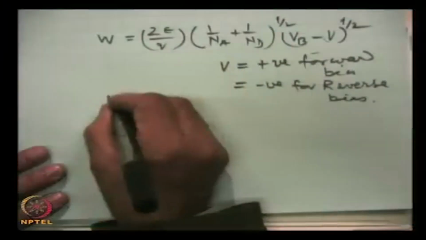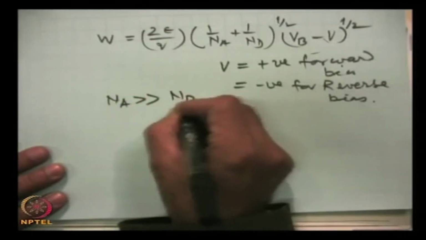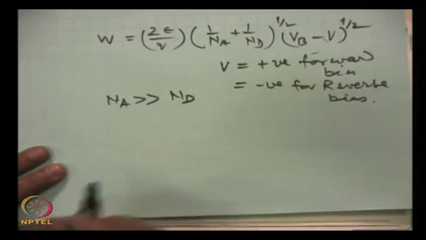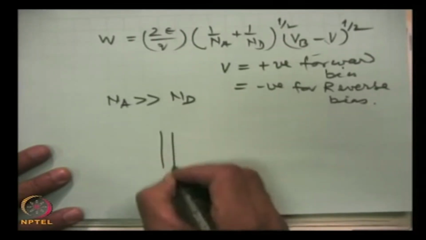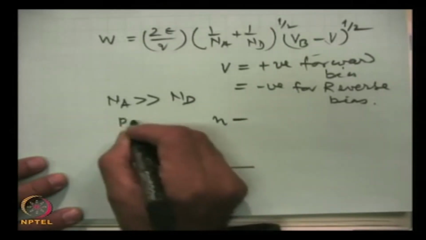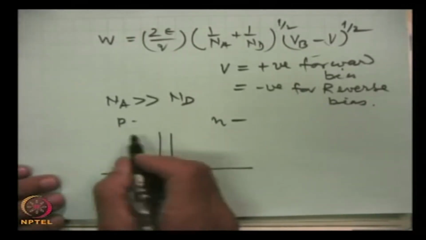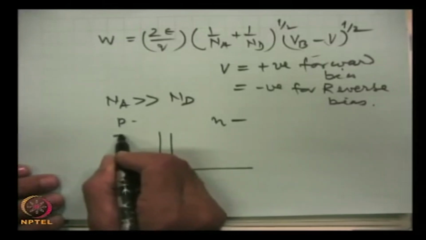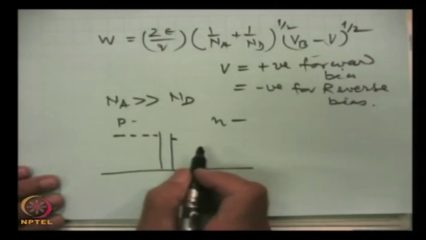So, for example, if we take a case when the doping on the P side is very large in comparison to the doping on the N side, and we draw a picture, this is the N side, this is the P side, and we have applied the forward bias, then holes will diffuse from here towards the N region.